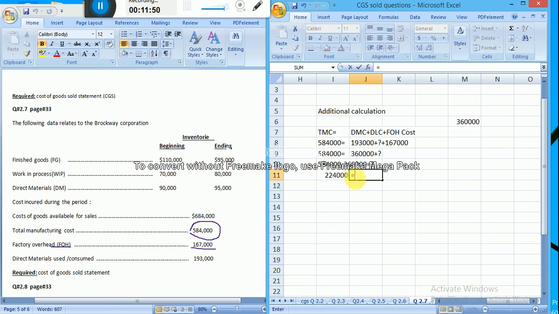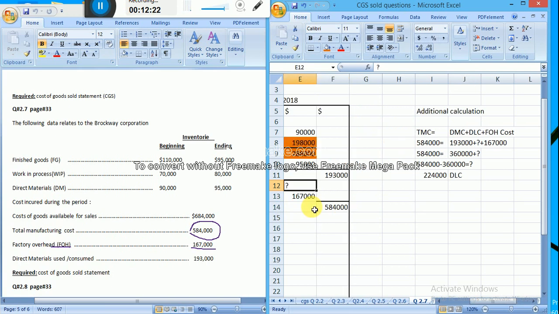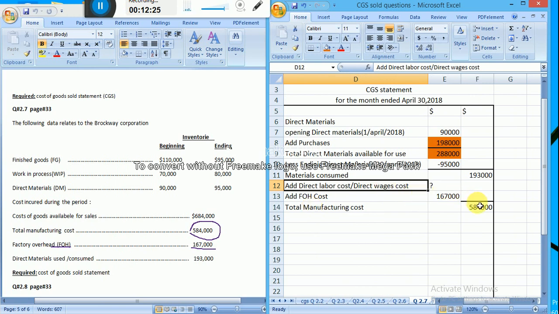This is my missing item, and the missing item here is direct labor cost. So hope you understand how I find the missing item. Clear? This is my DLC. Now how much? 2,24,000.